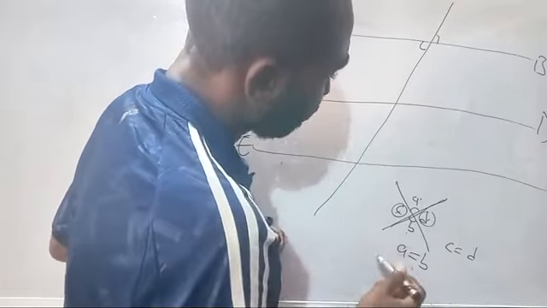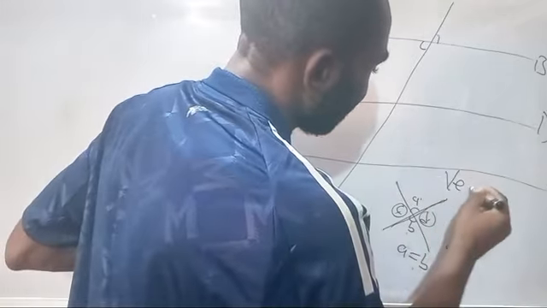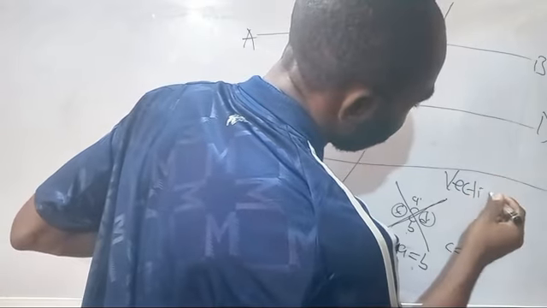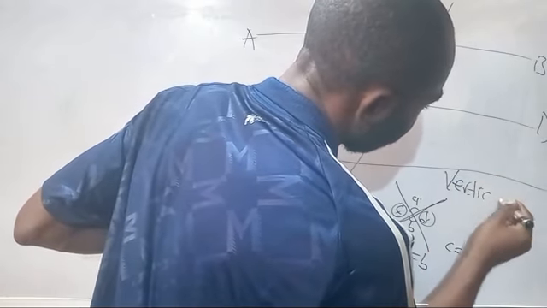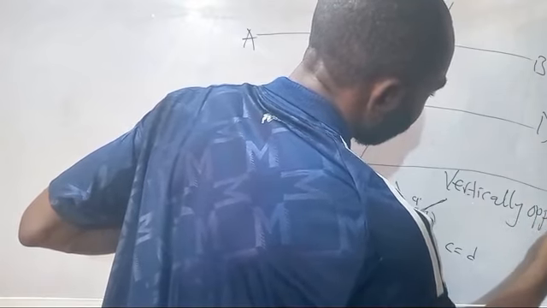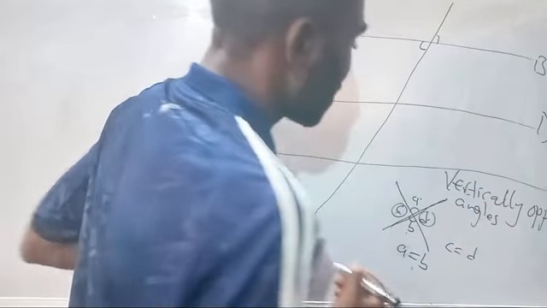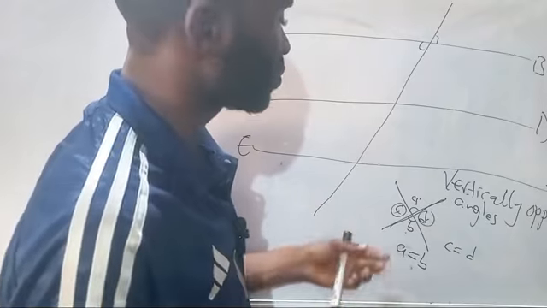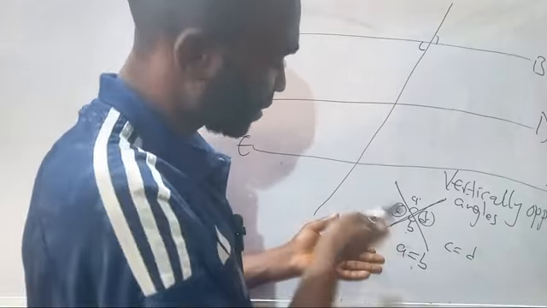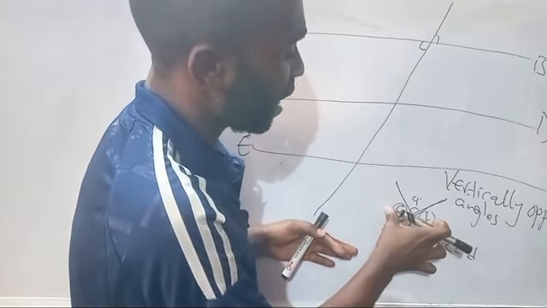Okay, so always picture vertically opposite angles like something like an X shape. Okay, so each angle facing each other are what?